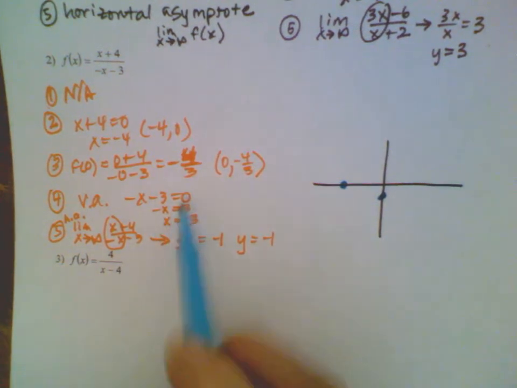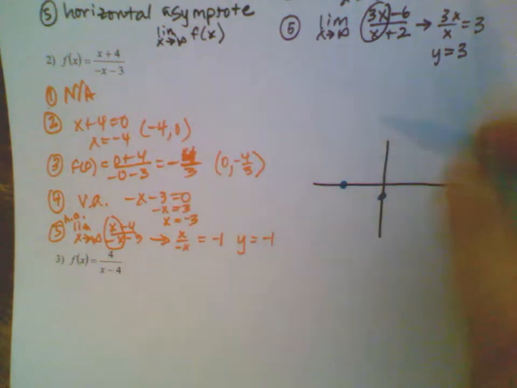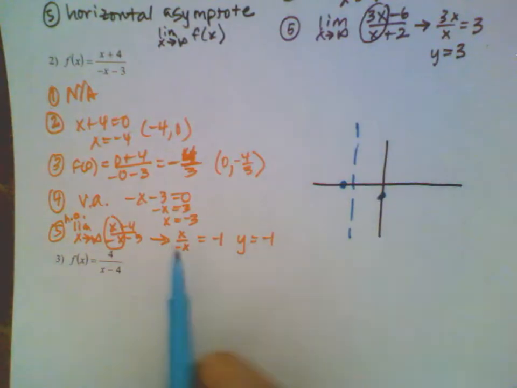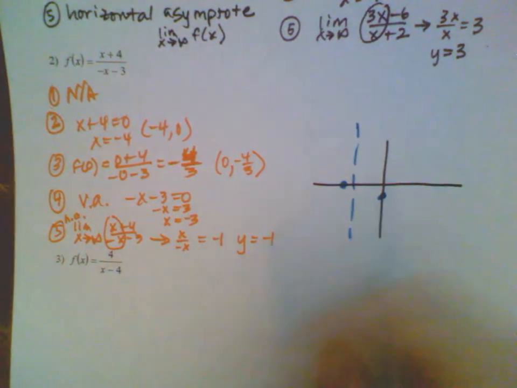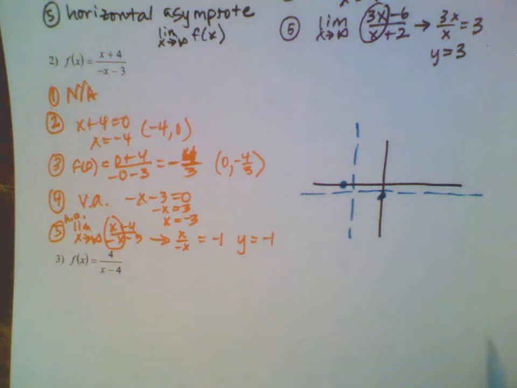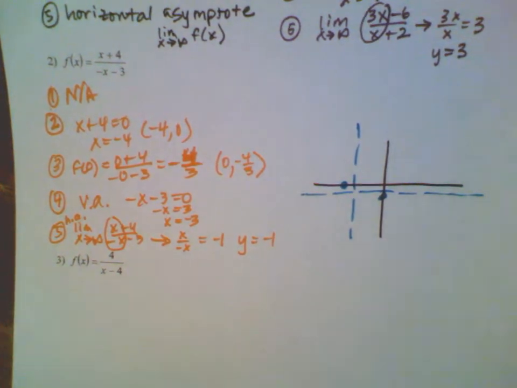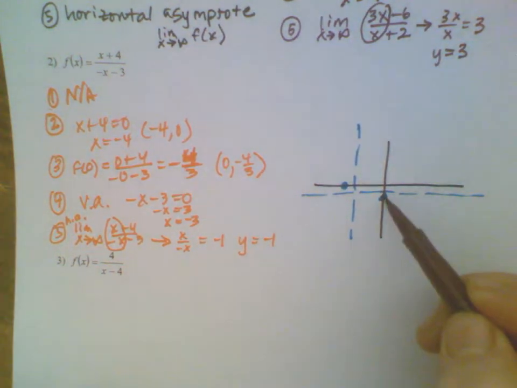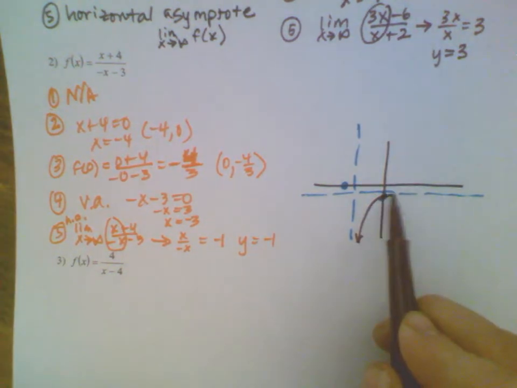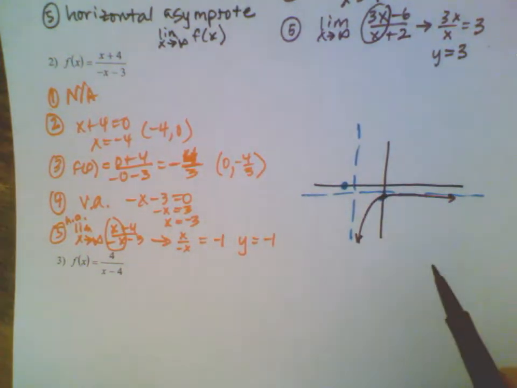My vertical asymptote is at x equals -3, which is to the right of -4. And again, my horizontal asymptote is -1, which is above -4/3. And so now I can go ahead and put my graph together, my little swoopies. Again, there really isn't a whole lot that can happen. I know it's got to approach the vertical asymptote, and on the right it's got to approach the horizontal asymptote.